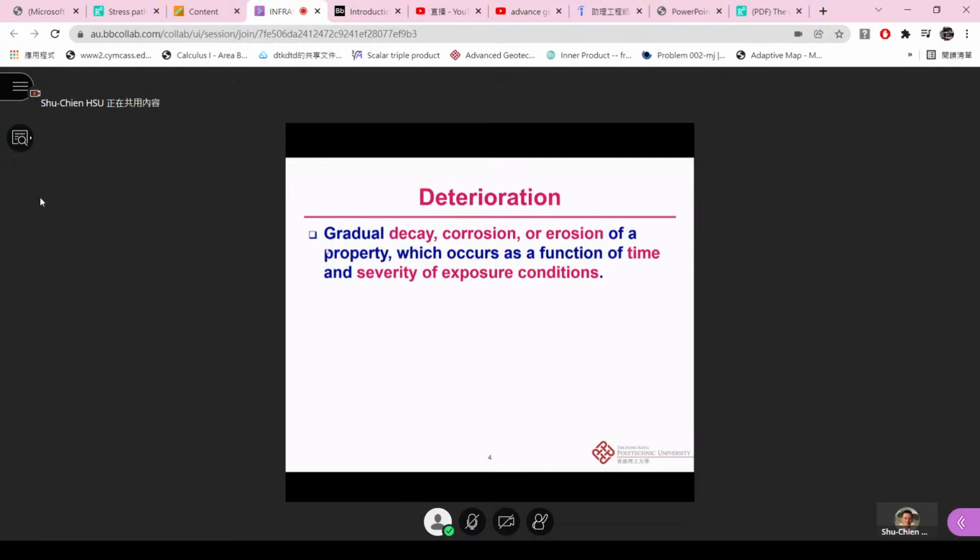How about deterioration? Like gradual decay, corrosion, or erosion of the property, which occurs as a function of time and the severity of the exposure conditions. For example, a car can still look pretty new, but the engine has been heavily used.